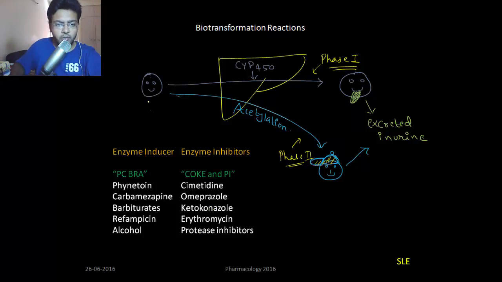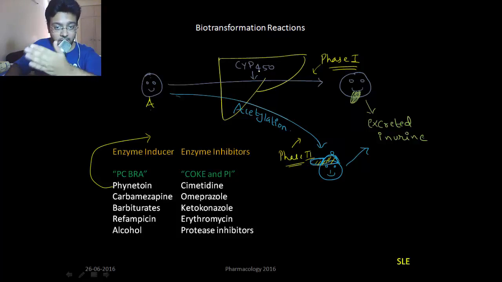For example, if you have a drug A which is already present in your body, and on top of it you give phenytoin, this phenytoin will induce the cytochrome enzyme. That means it will increase the activity of cytochrome enzyme. Once the activity is increased, it will convert the drug into a more polar form, so drug A will be eliminated very fast. In contrast, you give cimetidine.